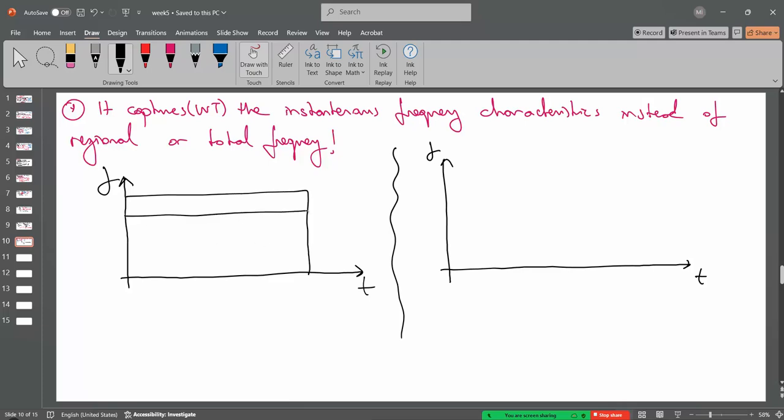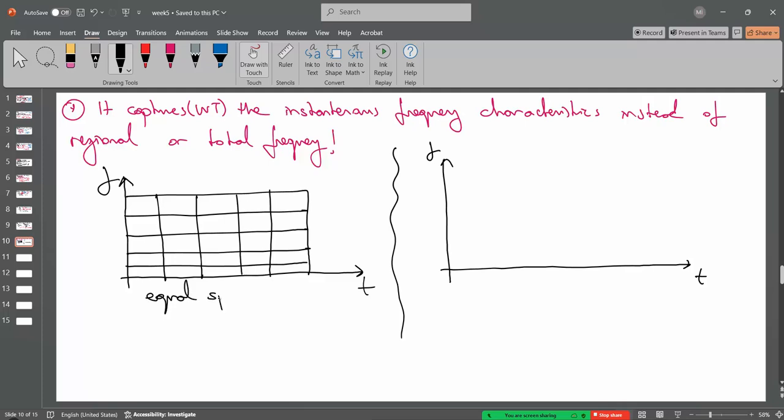Each area must be divided into equal points based on the windows. Okay? This is equal space, STFT.